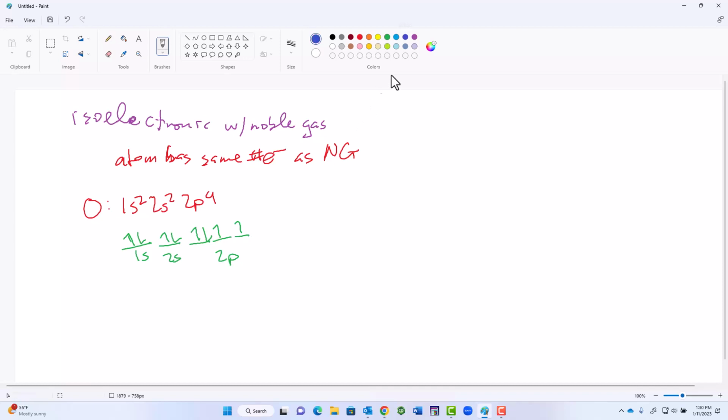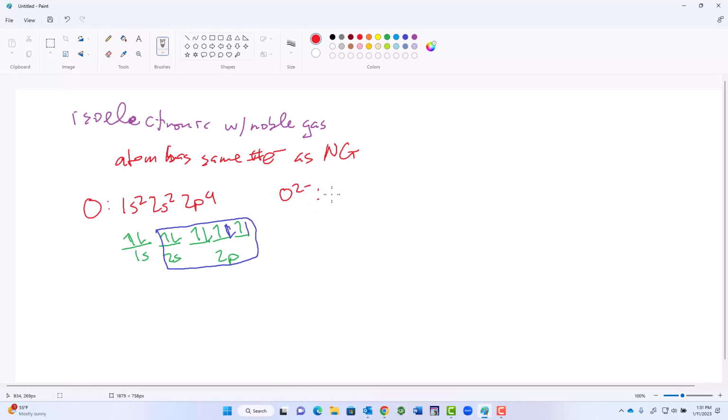The 2s and the 2p make up the valence shell, so we have 1, 2, 3, 4, 5, 6 electrons in the valence shell of oxygen as an atom. But in order to get 8, we would need to gain 2 more. Sorry, this should be a down. So in order to gain 2 more electrons, we would obtain the ionic configuration of O2-.